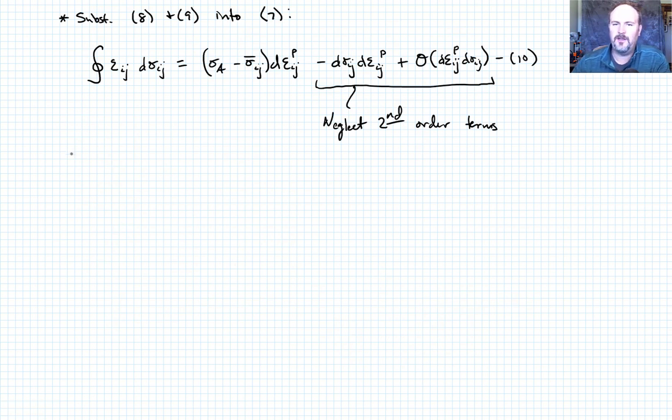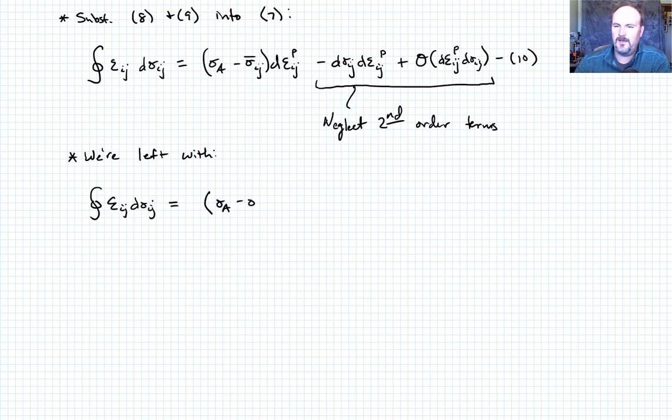And so what we're left with is that the integral of epsilon ij d sigma ij around the load path is equal to sigma a minus sigma ij bar times d epsilon ij p.